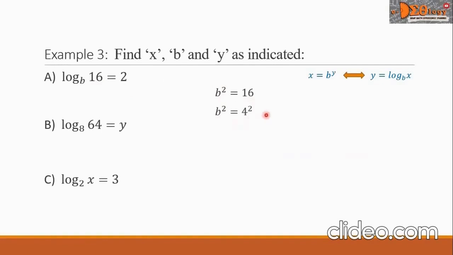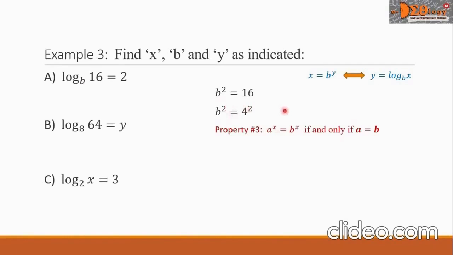And then I'm going to use a property of exponential function. I remember there is property number 3 that says a raised to x equals b raised to x if and only if a equals b. I can see here that the exponents are the same.